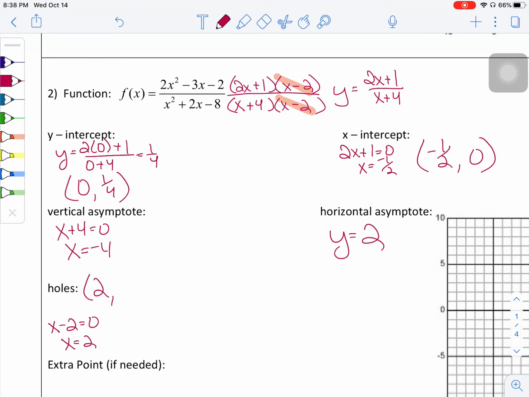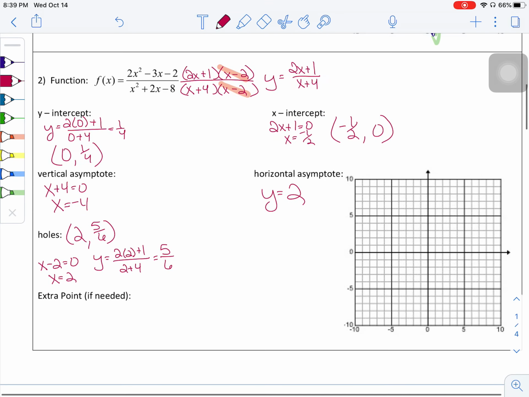So (2, and I've got to figure out what that other piece is. So y is equal to 2 times 2 plus 1 over 2 plus 4. So that's going to be 4 plus 1 is 5 over 6. All right, so 5/6. All right, so all these bits, parts, and pieces are going to go on my graph.